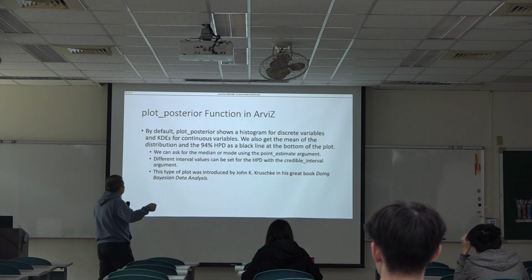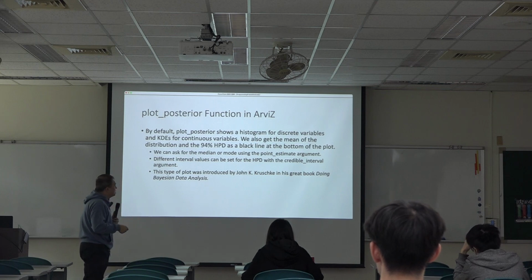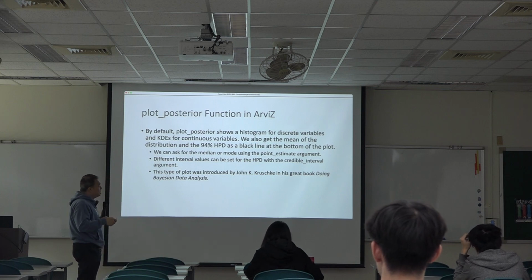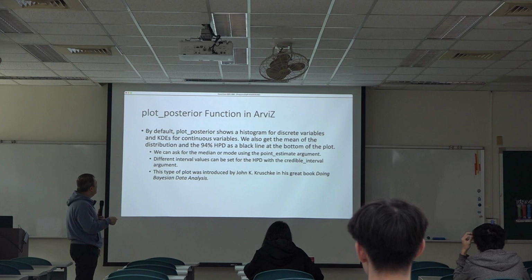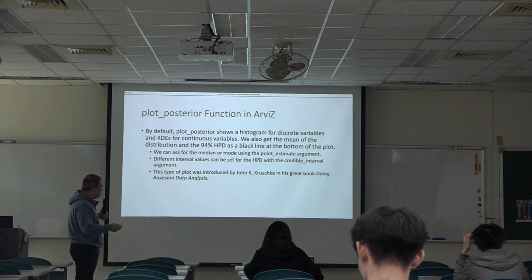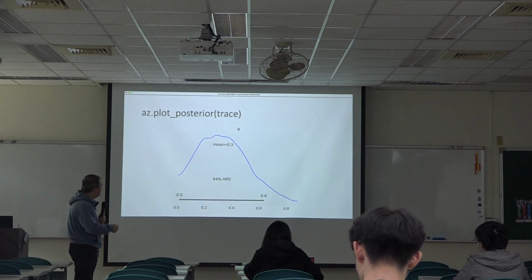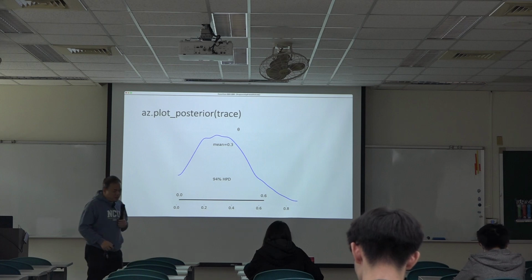By default, plot posterior will show a histogram for discrete values and a KDE for continuous variables. So you can draw the posterior distribution by using this function, based on the two chains that you generated.